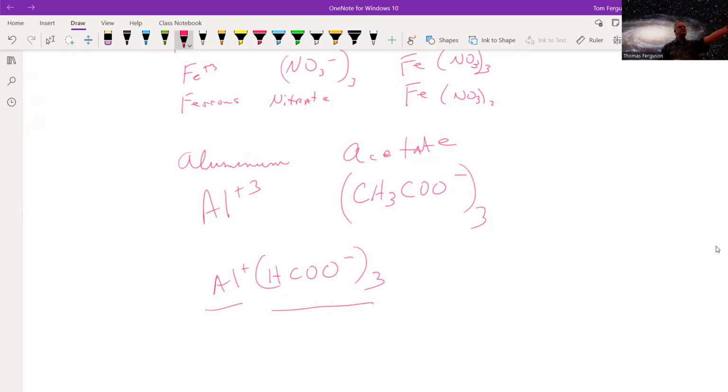So aluminum, and what is COO? Formate. So this is aluminum formate.